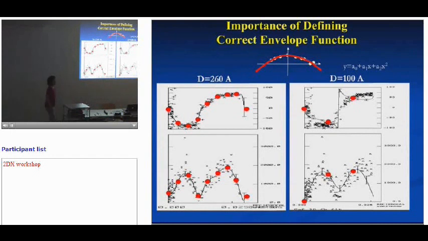The same thing happens when we are doing lattice-line fitting. Remember, the envelope function describes the envelope, and the width of your envelope determines the width of your sinc function. So in this set of data, if I use my envelope of 260 angstrom, this is a gap junction crystal.